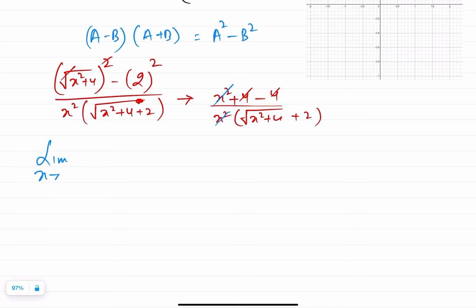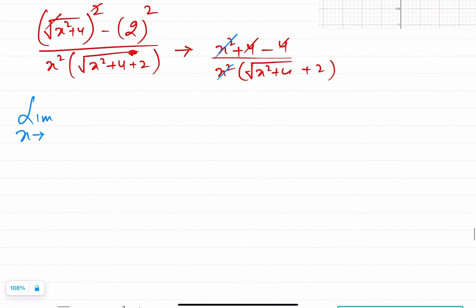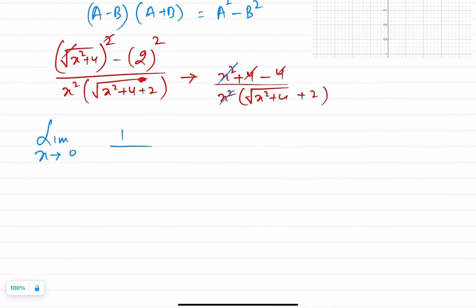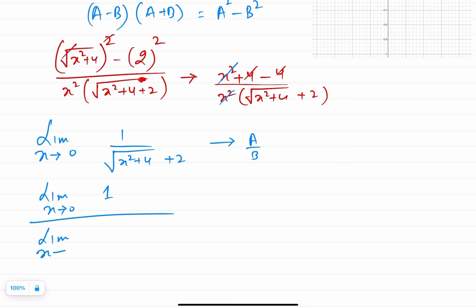limit x is approaching 0, the top part is 1 divided by root x squared plus 4 plus 2. We know this is in the form of a divided by b. What we can do is we can simply evaluate the limit for the numerator, that is 1, and the limit for the denominator, that is root x squared plus 4 plus 2.